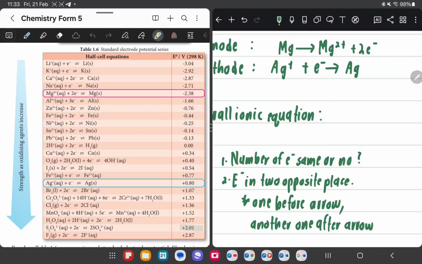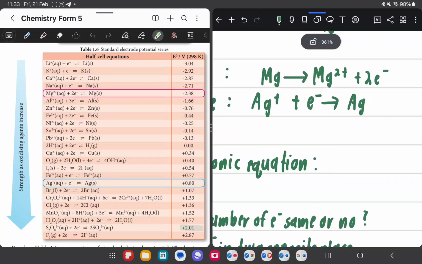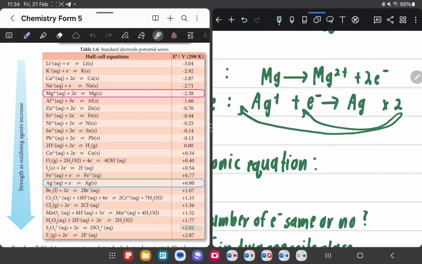But is the number of electrons the same or different? Different. So when the number of electrons is different, like how you do for fractions, this one is 2, this one is 1. So make sure this 1 becomes 2. So you times the whole equation by 2. Remember, when you times by 2, it multiplies all the coefficients in front. So here also becomes 2, everything becomes 2.